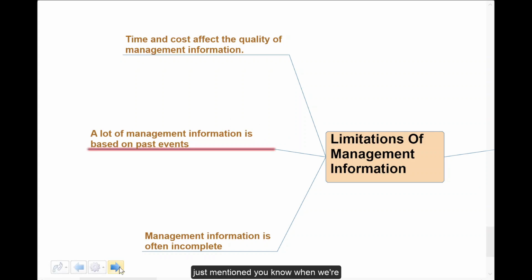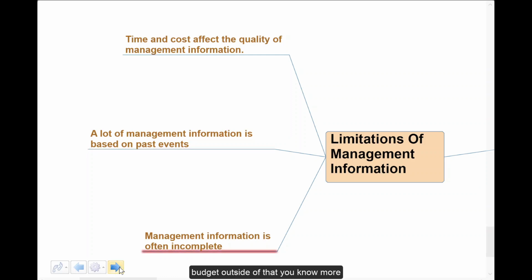Outside of that, as just mentioned, when we're extrapolating forward, much of what we have in terms of useful or accurate information is past. Just because something happened in the past, let's say a sales pattern or sales values, doesn't necessarily mean that that same pattern will follow through in the future. It's very, very difficult to budget.